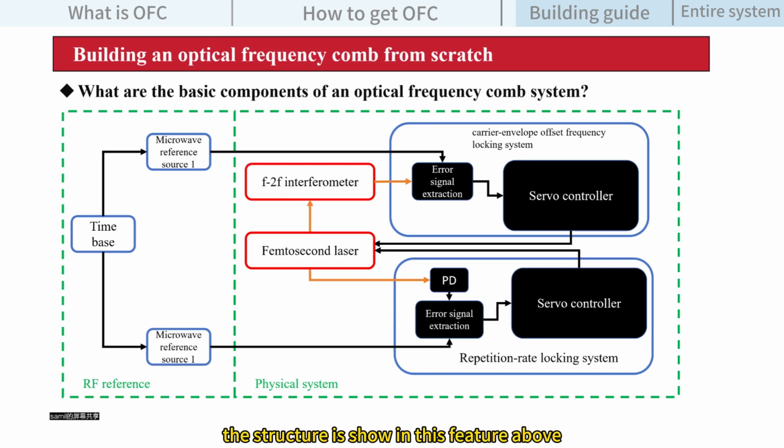The structure is shown in this figure above, and you can see we have a femtosecond laser, which is the usual short pulse laser, an f-2f interferometer, a servo control system, and the photodetector, which is used to get the repetition frequency. We also have a repetition rate locking system, and there are two reference sources.